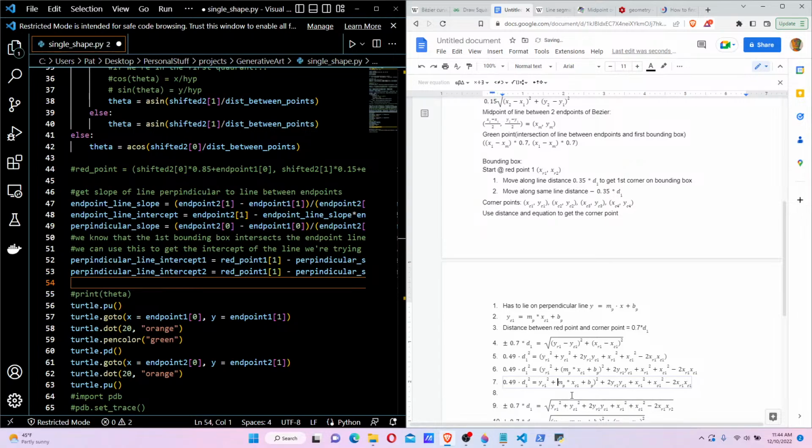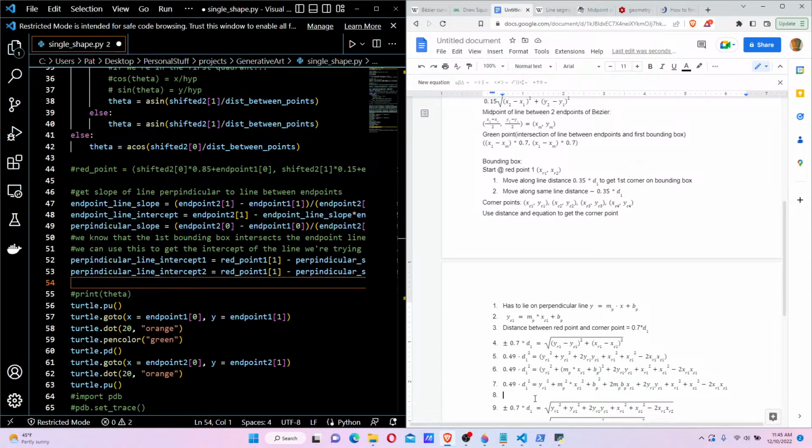Now, when this gets separated out, m sub p squared times x sub c1 squared plus b sub p squared plus 2 m sub p times b sub p times x sub c1. Okay. So that's that whole ugly thing. And finally, we can group it.